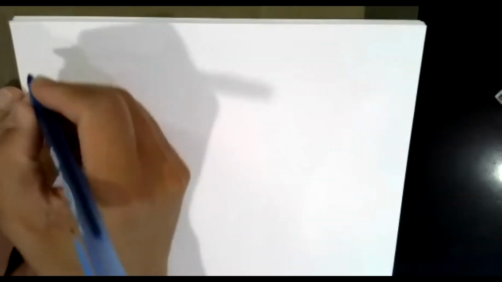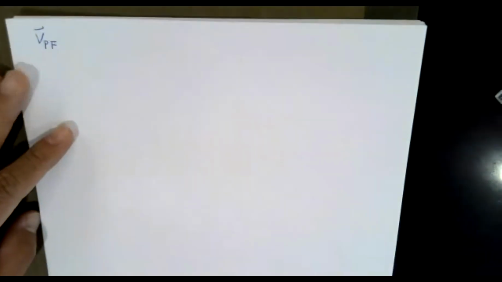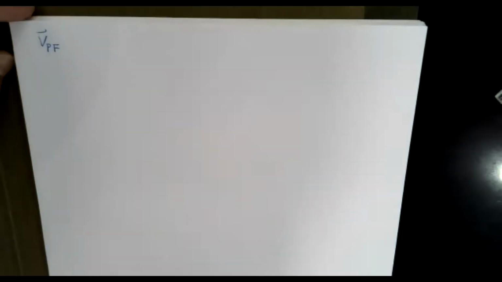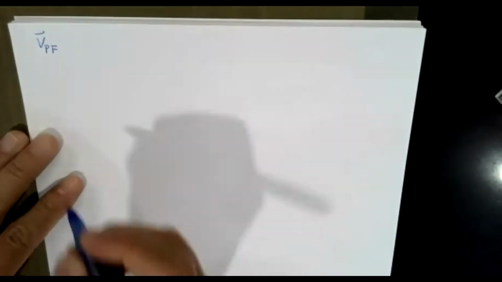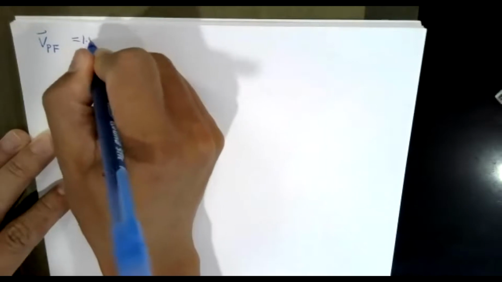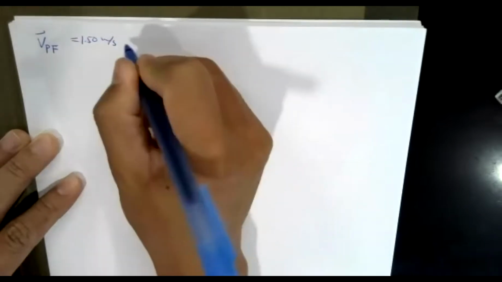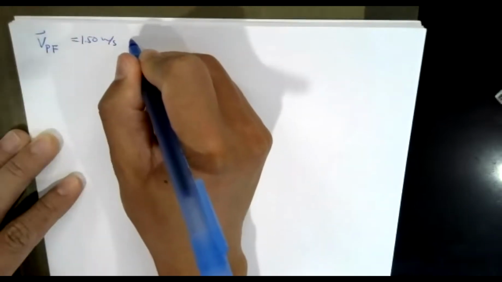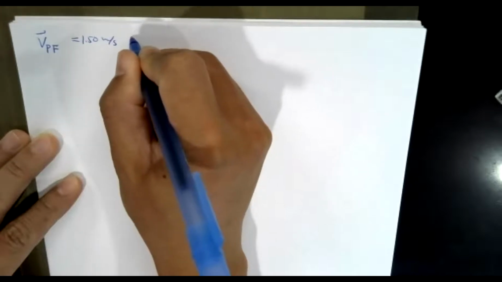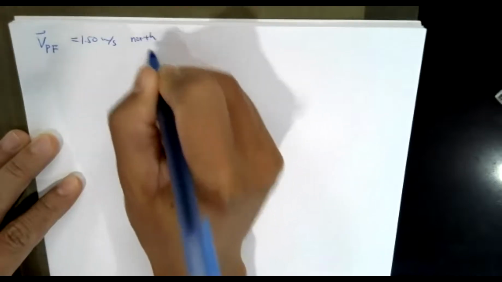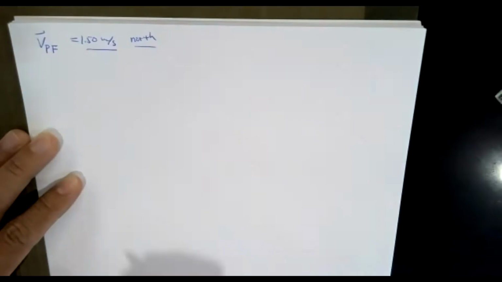It gives us two relative velocities. The first one is the velocity of the person with respect to the ferry. So you want to write down V sub P F, person relative to the ferry. It says 1.50 meters per second due north, so that's the magnitude and that's the direction.